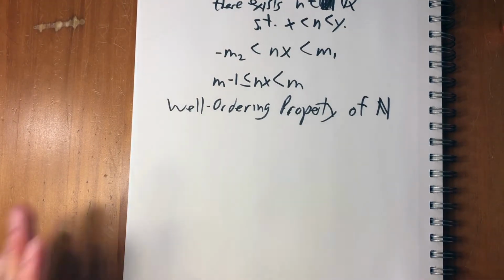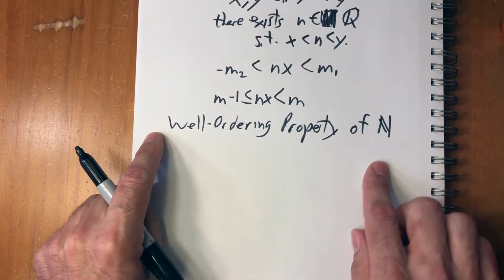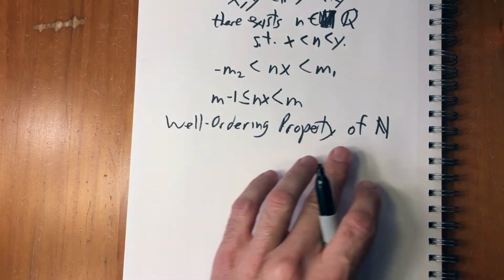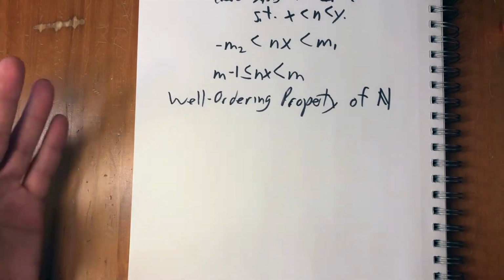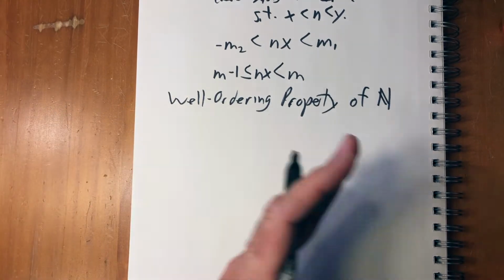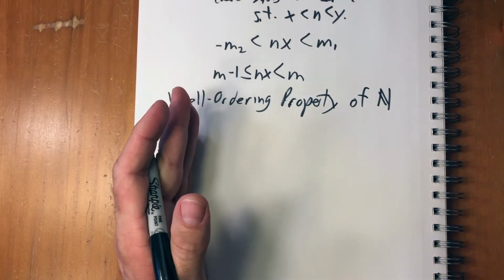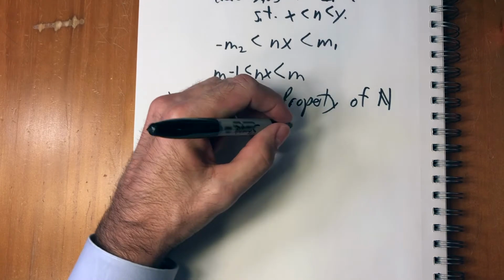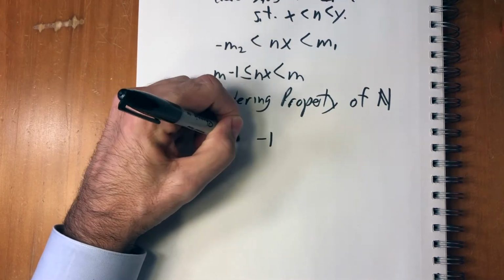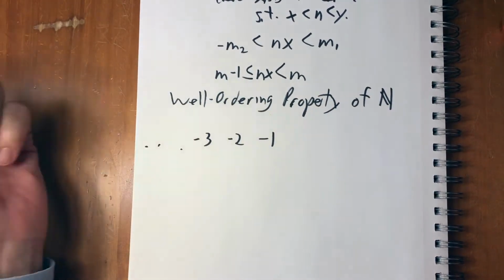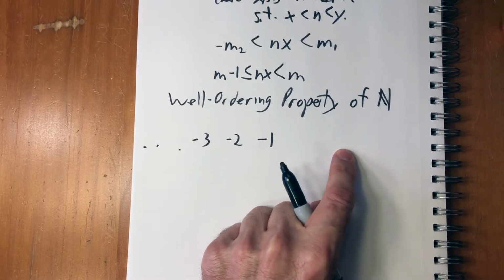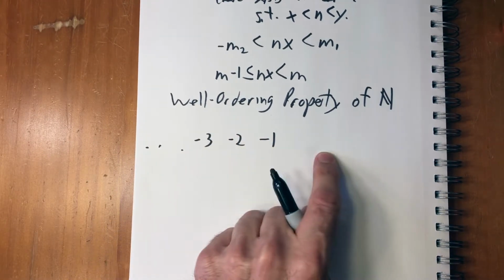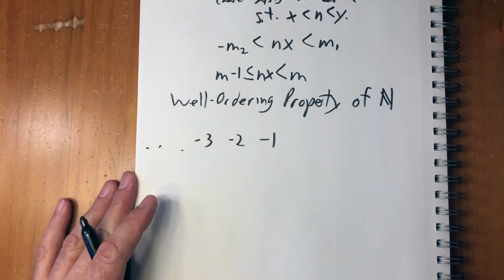Okay, so we started with the well-ordering property, and the well-ordering property is not true of the integers. For example, the integers themselves do not have a minimal element, right? Because they can go -1, -2, -3, down to infinity. There's no reason why a set of integers needs to have a minimal element.